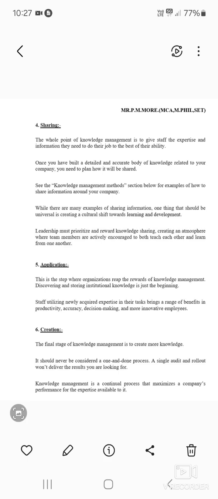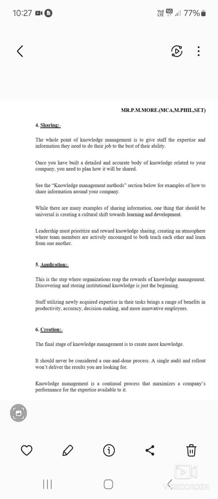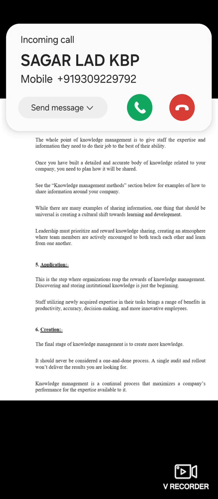The final stage of knowledge management is to create more knowledge. It should never be considered a one and done process. A single audit and rollout won't deliver the results you are looking for. Knowledge management is a continual process that maximizes a company's performance for the expertise available to it.